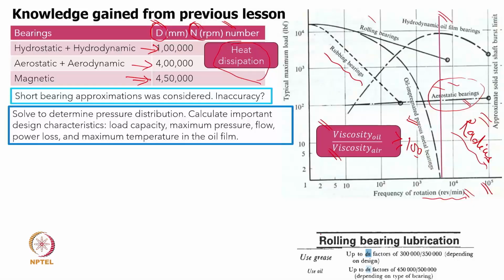An interesting thing is that if you look at Neale's Tribology Handbook, which I have referred to a couple of times, they mention that for a rolling element bearing, even with grease, the DN number can go up to 300,000 to 350,000 with just a grease lubricant. Coming to oil, this number can go to 450,000 to 500,000. That's a huge number. That means it is exceeding even the magnetic bearing.